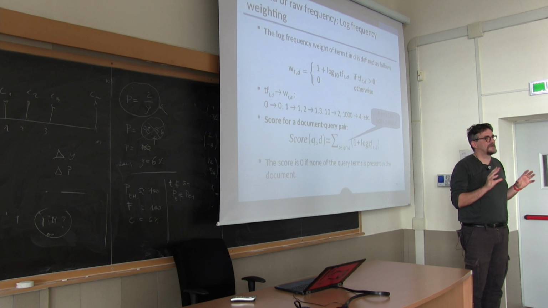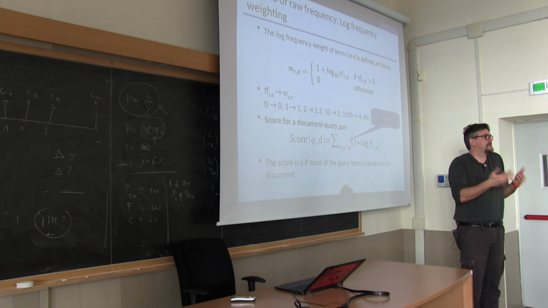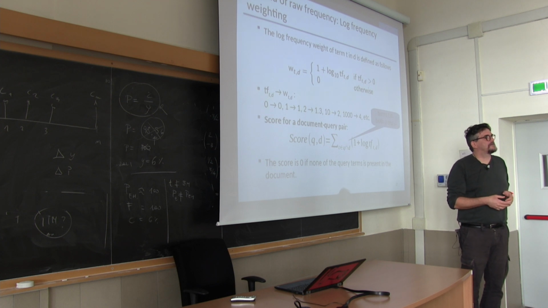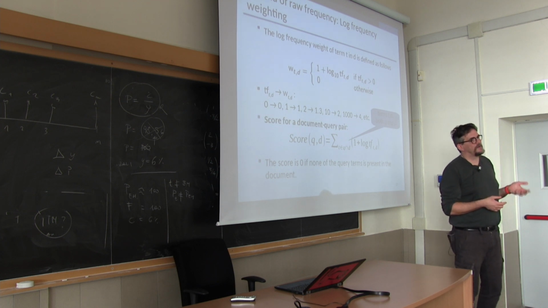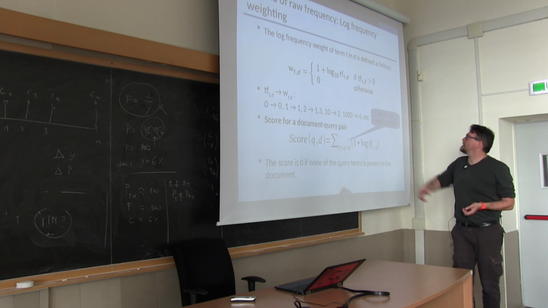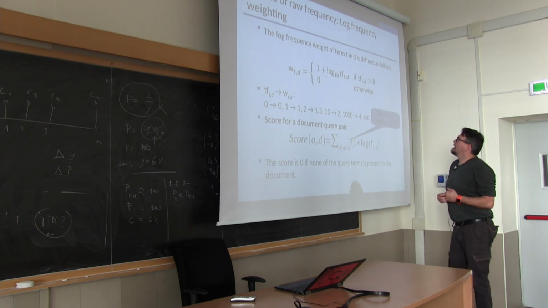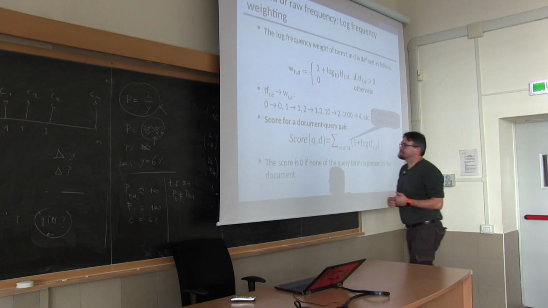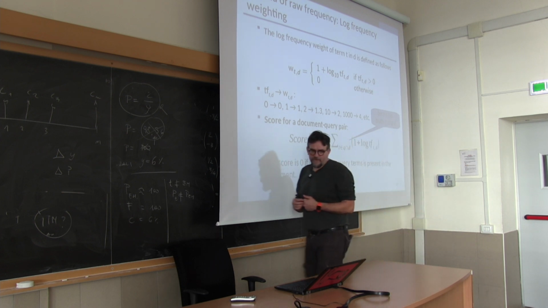Because otherwise the relationship would be linear, and it's not actually true that the more times the same term appears in a document, the more relevant that term is in the document. It's clearly true that there is a relationship, but it's not linear, and so we assume it is logarithmic. Good, so now we have all the ingredients.